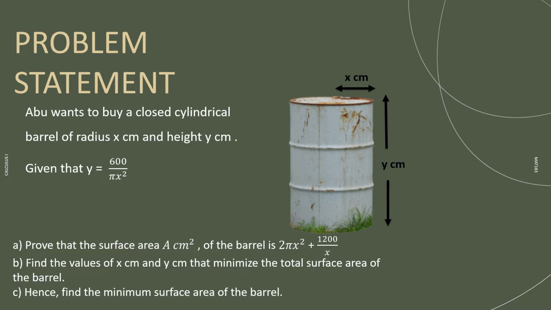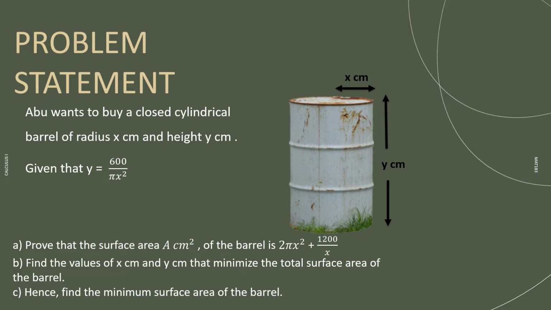The problem statement is: Abu wants to buy a closed cylindrical barrel of radius x centimeter and height y centimeter, given that y is 600 over pi x squared. First question: prove that the surface area A centimeter squared of the barrel is 2 pi x squared plus 1200 over x.